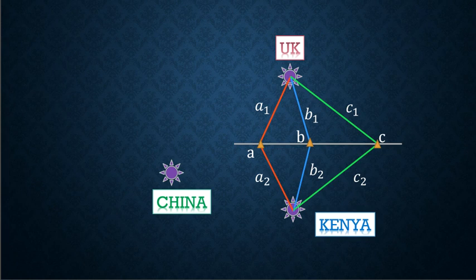The distances from both centroids to points B and C are the same, as with point A, which means the absolute values of B1 and B2 are equal, and the absolute values of C1 and C2 are also equal. The set of points like A, B, C is always a line.